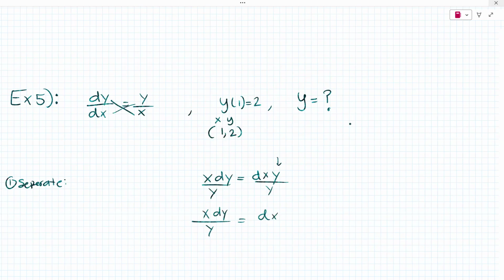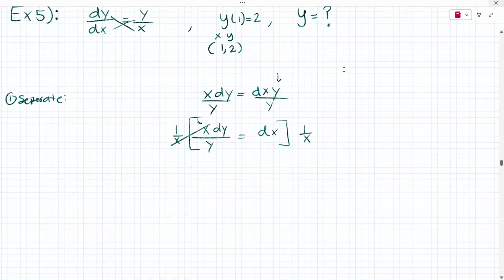Then to get rid of this x, I can multiply both sides by 1 over x. So this cancels. On the left side, you're left with 1 over y dy, and on the right, it's 1 over x dx, right?